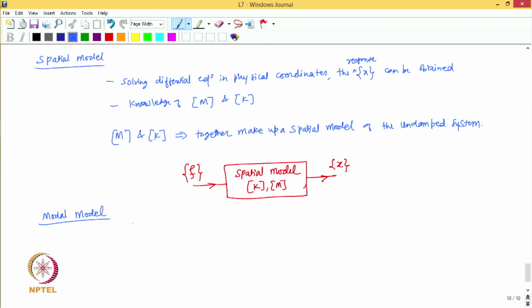Therefore, if we put the eigenvalues in the form of a diagonal matrix, then it would be something like this. We will have omega 1 square, omega 2 square, omega n square. So, these are the eigenvalues on the diagonal. This matrix is an n by n diagonal matrix, and this we call as the eigenvalue matrix.